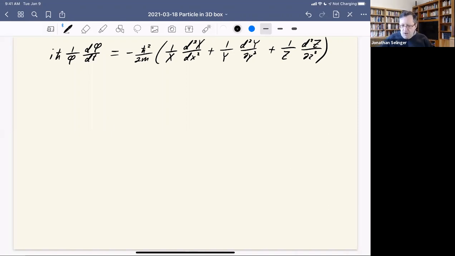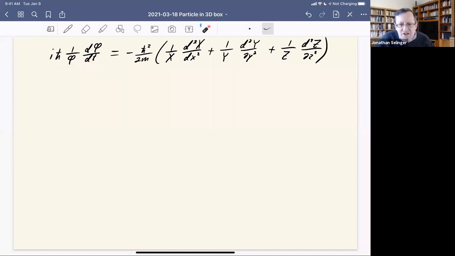Now maybe you can remember the story that I told after this step in separation of variables, when I was doing this in one dimension. I said, what does each of these terms depend on? The first term depends on nothing but time.